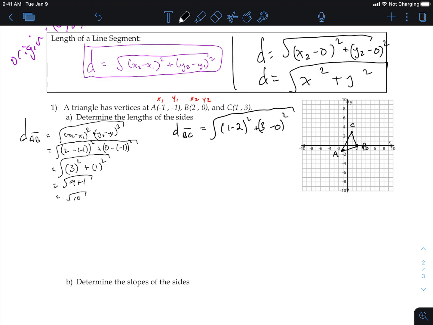Points B and C, so 1 minus 2, and then the y values would have been 3 minus 0. So the distance BC equals 1 minus 2 is negative 1 squared plus 3 squared, square rooted, root 10. That's nice.